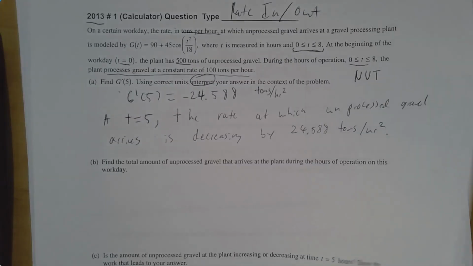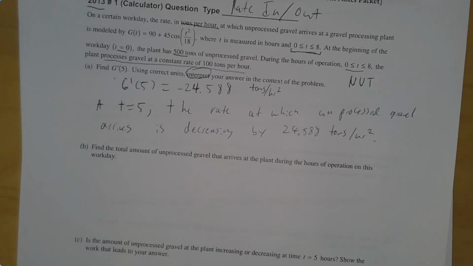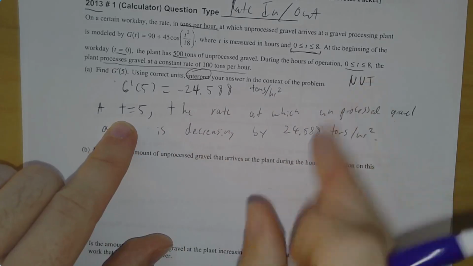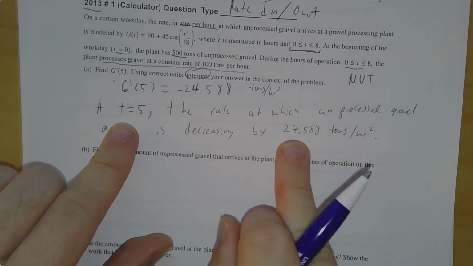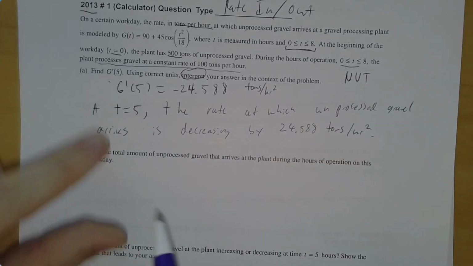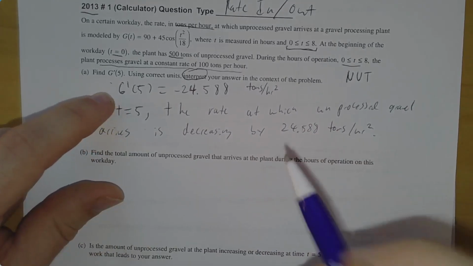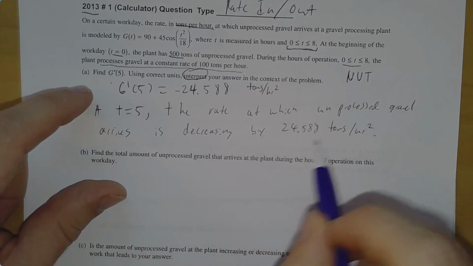Is that clear? So there's a NUT: the t is the 5, the number is 24.588, the unit is tons per hour squared, and the interpretation is just saying this is not the rate, it's the rate of the rate. So we say the rate is decreasing by this amount.